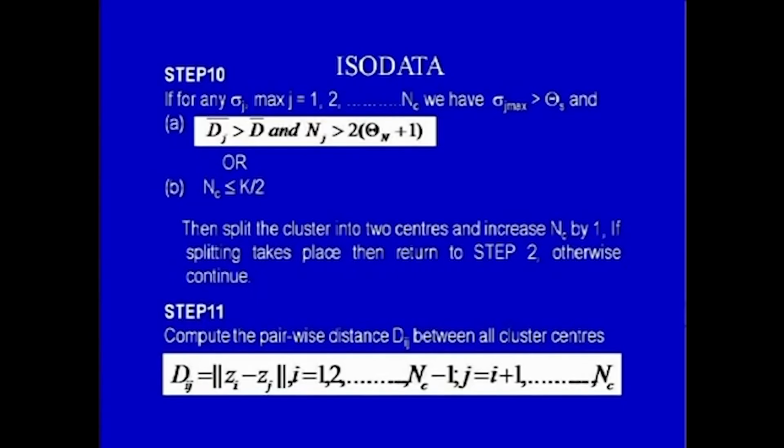sigma j max. The next step, which is step number 10, that is for any sigma j max, j equal to 1 to n c, we check whether sigma j max is greater than theta s, and the condition that d j is greater than d and n j is greater than 2 theta n plus 1, or n c is less than or equal to k by 2, then split the cluster into two centers and increase n c by 1.